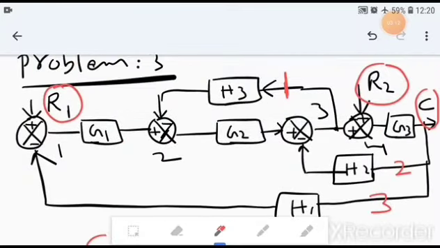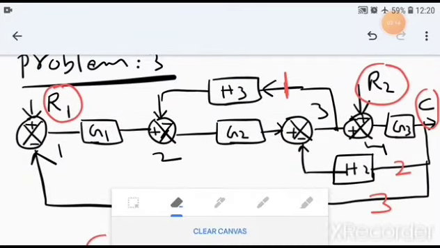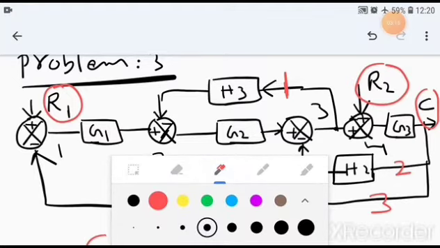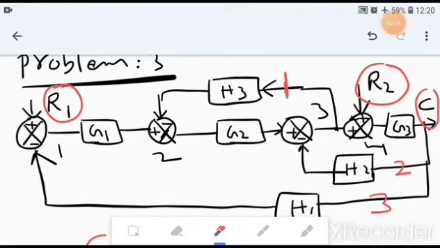When we consider R2 equal to 0, we can observe in this problem that there is no meaning to summing point 4, where we are adding this signal and R2. If R2 is 0, summing point 4 will vanish automatically.